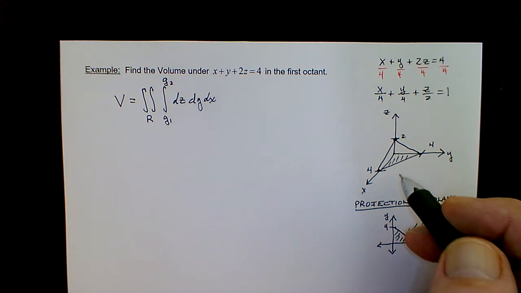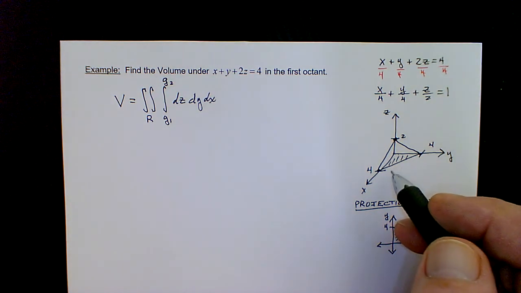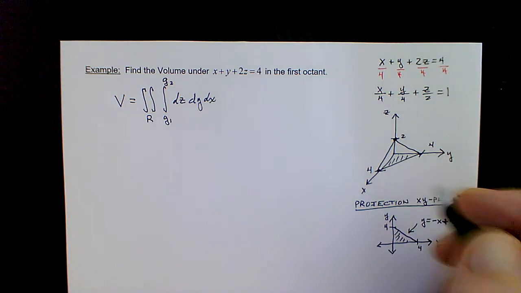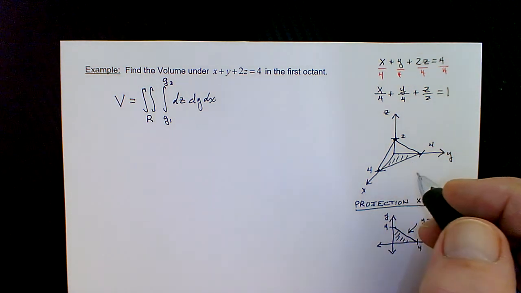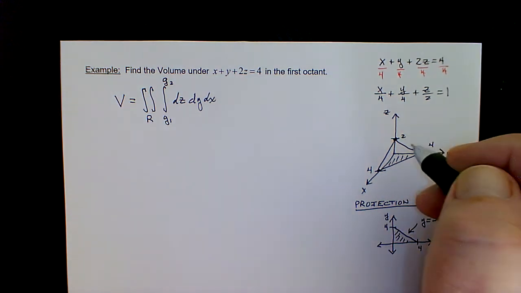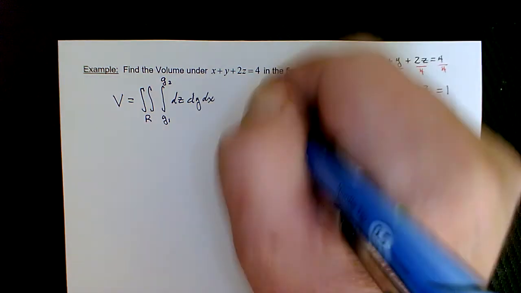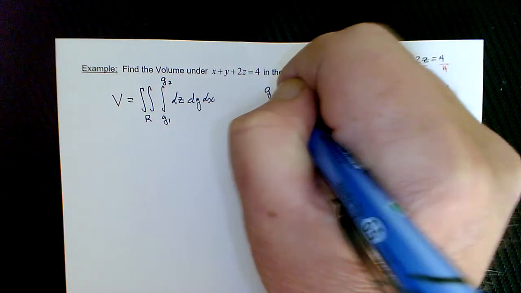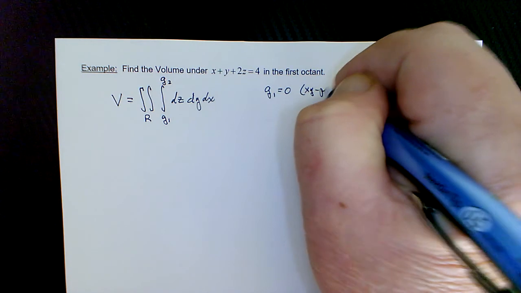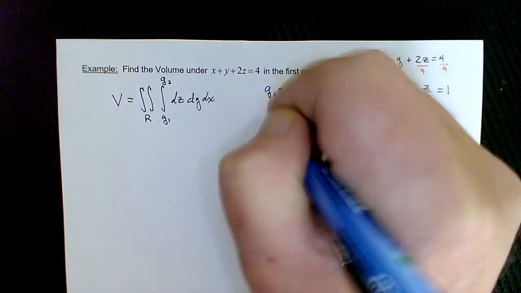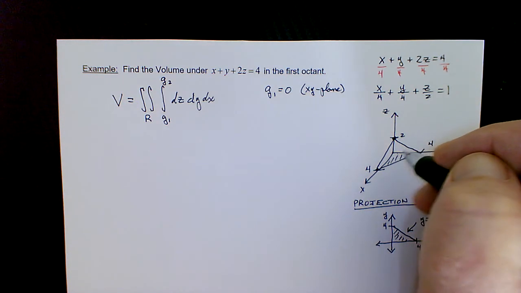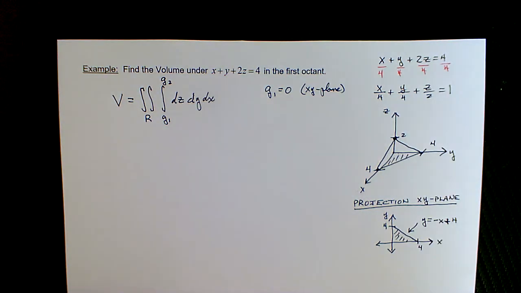Now, the lower limit of integration here is going to be the xy plane, which is z equaling 0 in the xy plane. And the upper limit of integration, g2, so g1 is going to be 0, because that's the xy plane. And g2 is going to be our function, the plane, the tetrahedron.